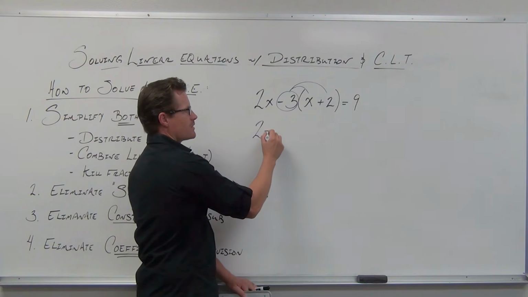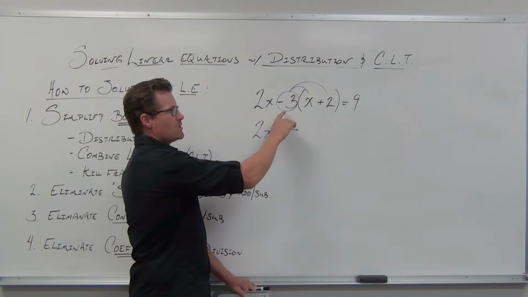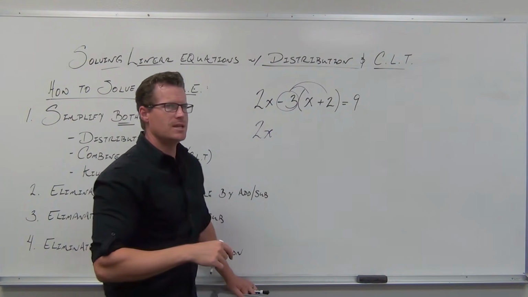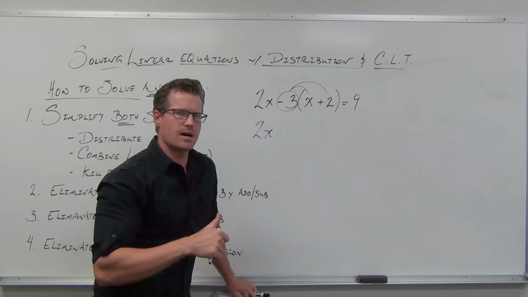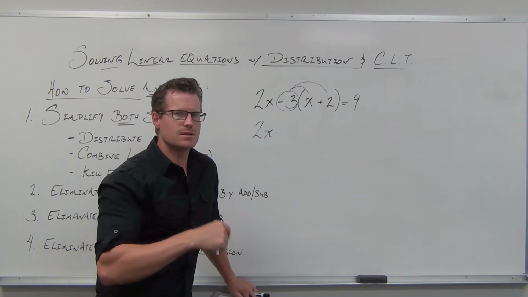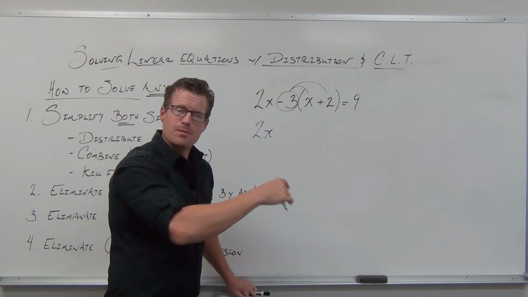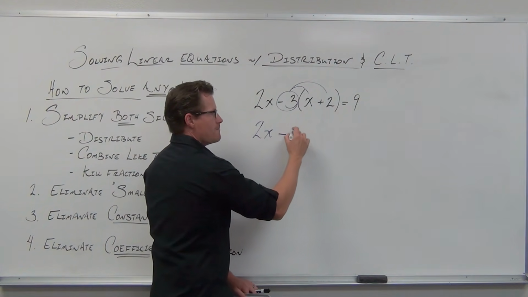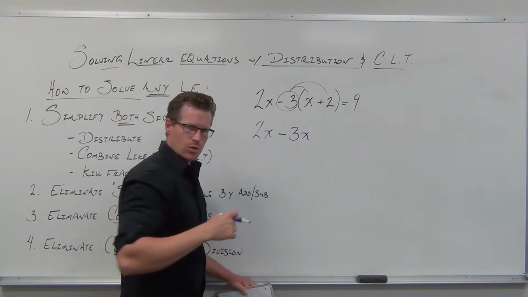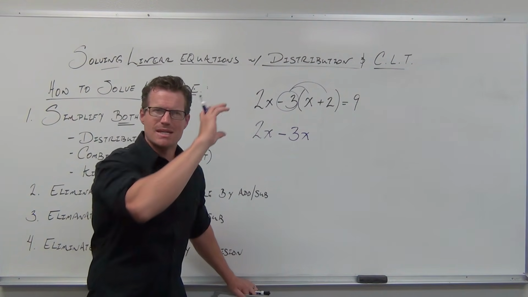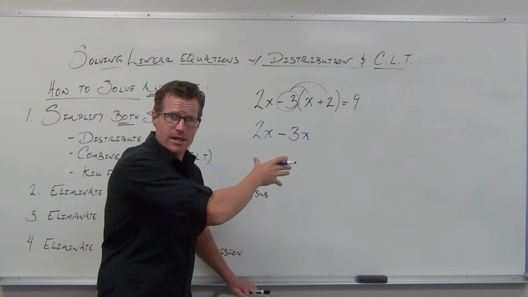So let's drop down our 2x. If we distribute our -3, well, -3 times positive x gives you -3x. If you say negative here, use that sign, you're going to write -3x. I know we're kind of cheating a little bit. We're using the negative to give us back our sign of a minus. That's okay.